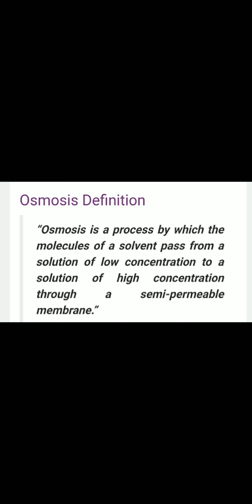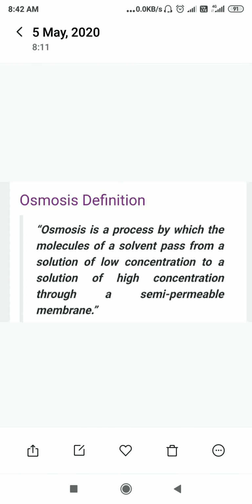In the diffusion process, we discussed that diffusion is a process by which molecules from the lower concentration can pass into the region of higher concentration. So osmosis is also one kind of diffusion. But here, as we know that the cell membrane is semi-permeable or selectively permeable, through the cell membrane, only water can enter by the process of osmosis.